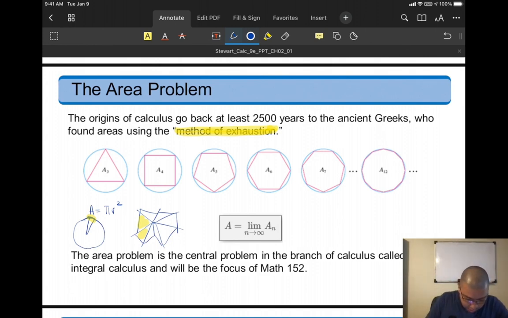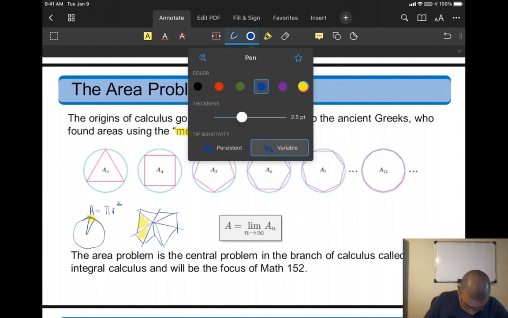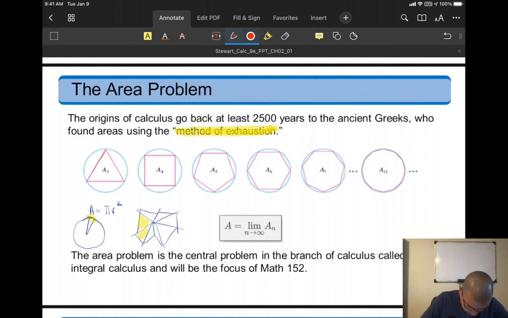So what you do is imagine that you have a triangle inscribed in your circle. You know how to calculate this area. It's not that close to the area of a circle, but it's a start, right? You know this much here is missing, the difference between the area of your circle and the area of your triangle.